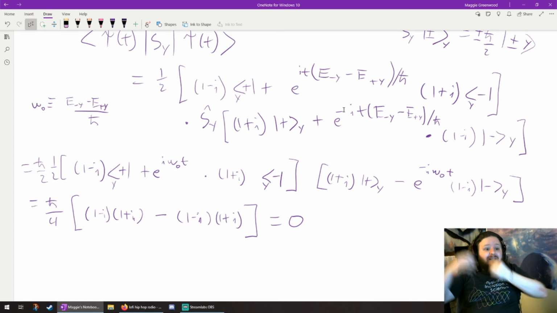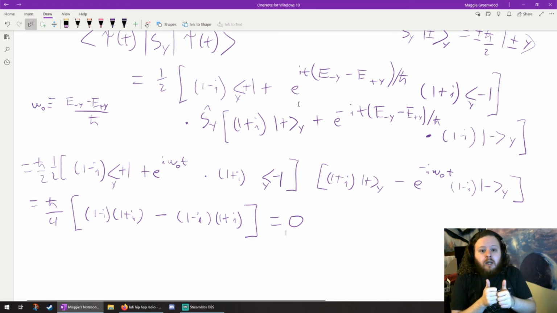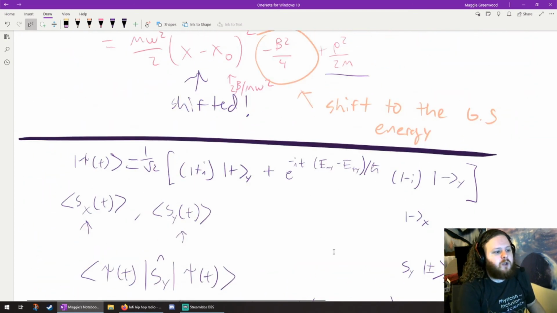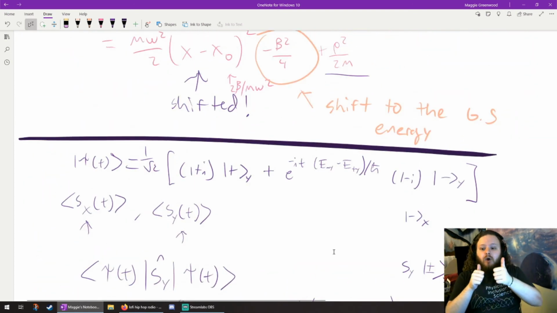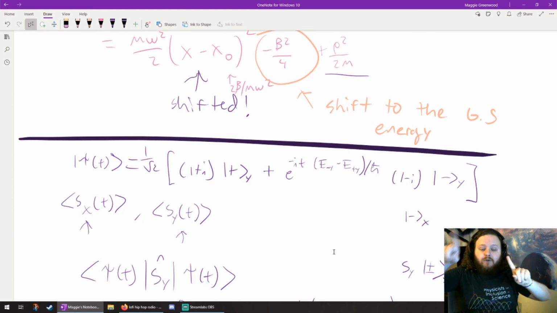So as time evolves, the coefficients on the plus y and the minus y ket for this time evolved state, their phases are changing in time, right? And how much of each one is real or imaginary is changing throughout time. That's what this phase does in quantum mechanics, it's basically changing the realness of your coefficients.